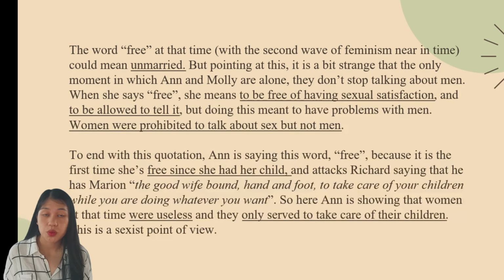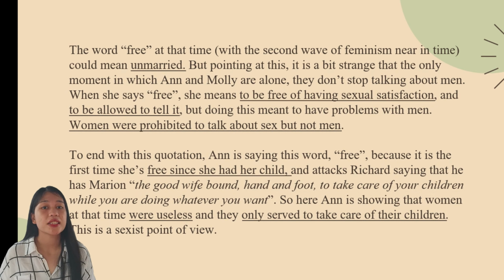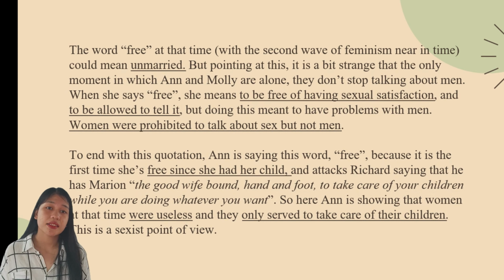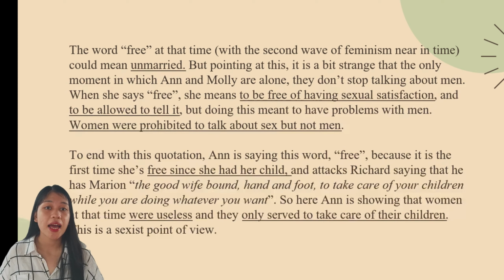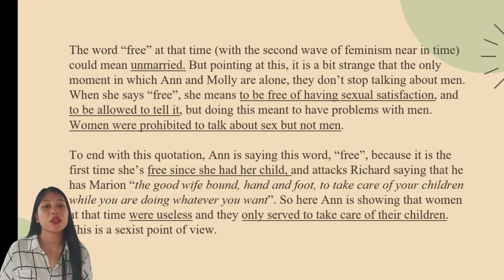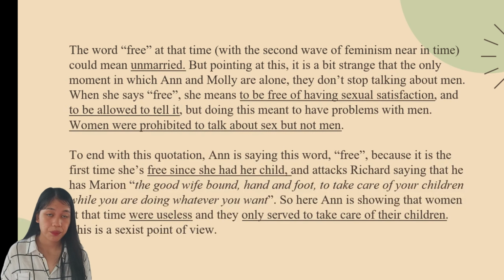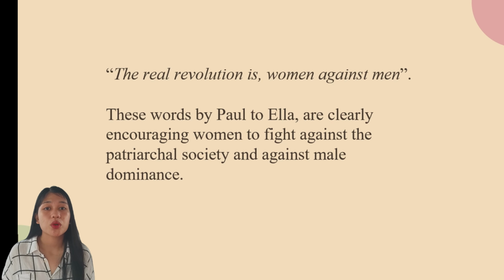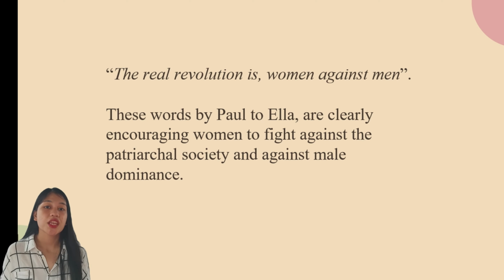To end with this quotation, Anne is saying this word free because it is the first time she is free since she had her child, and attacks Richard, saying that he has Marian, the good wife, bound hand and foot to take care of your children while you are doing whatever you want. So here Anna is showing that women at the time were useless and they only served to take care of their children. This is a sexist point of view.